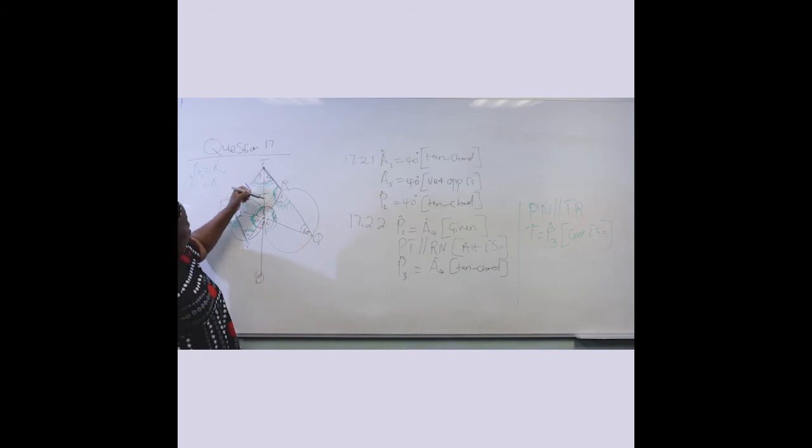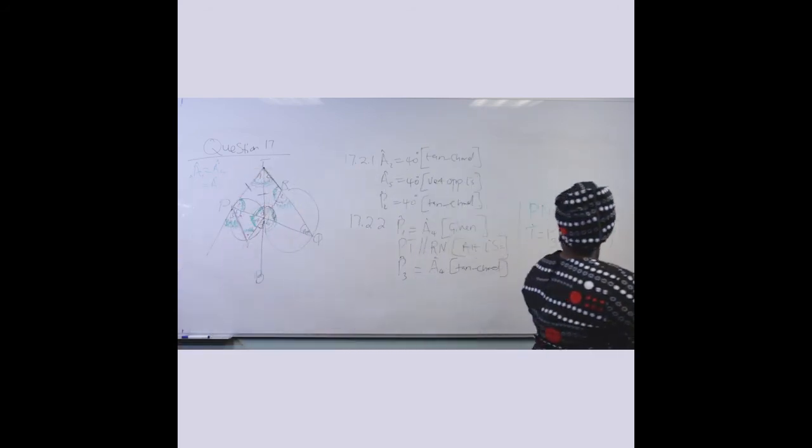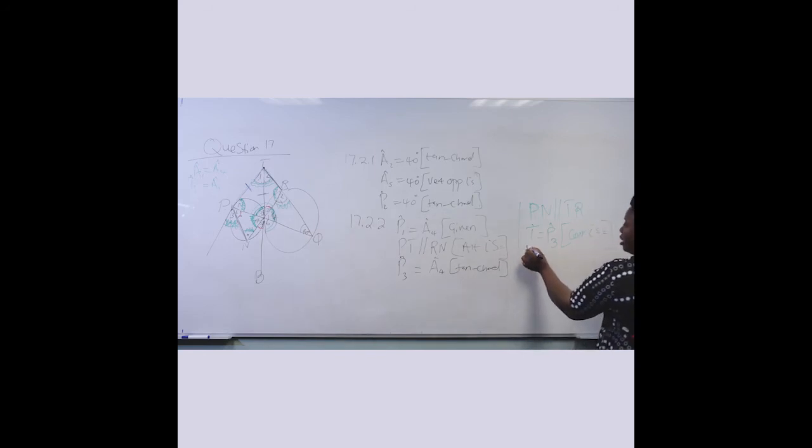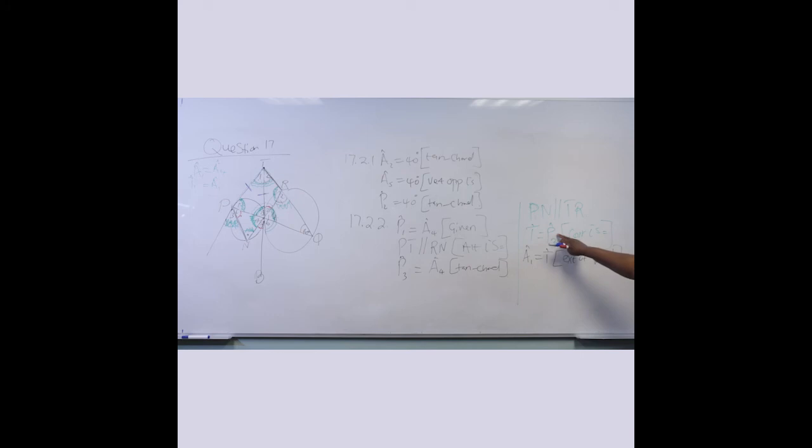That is the exterior angle of this cyclic quadrilateral being equal to the opposite interior one. So that is the case. Let's write it that. We are saying A1 is equals to angle T. That is the exterior angle of a quadrilateral. Okay, if A1 is equals to angle T, and if T is equals to angle P4, that means that angle A1 is equals to P3.